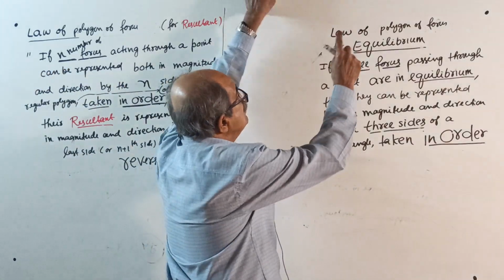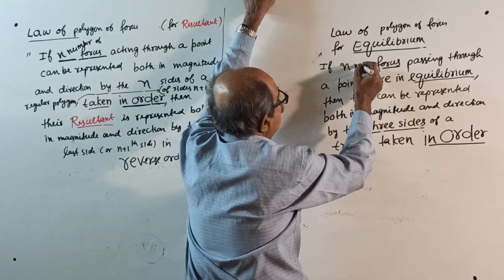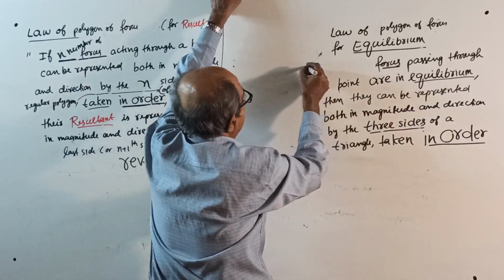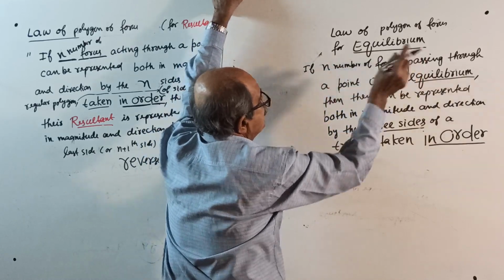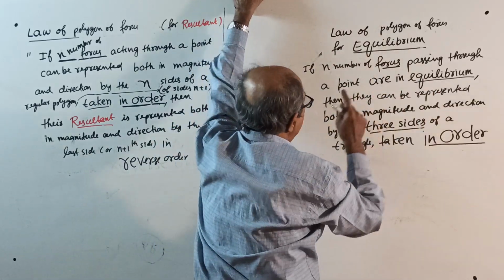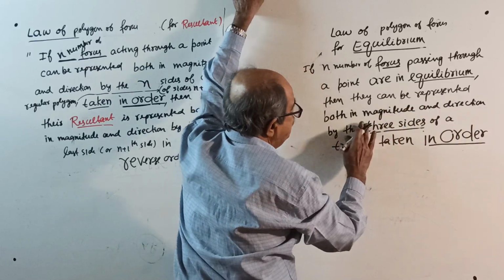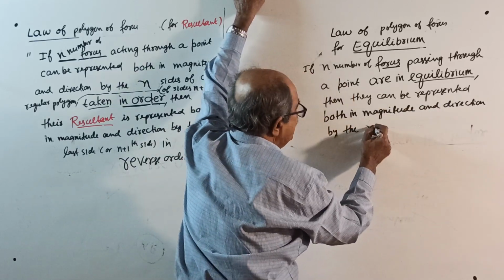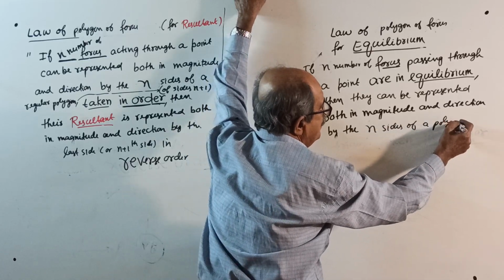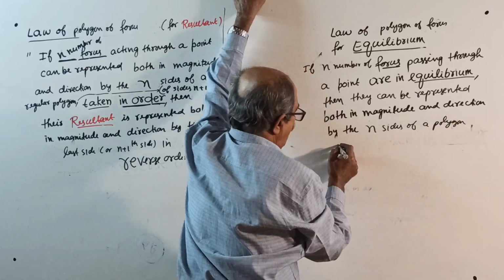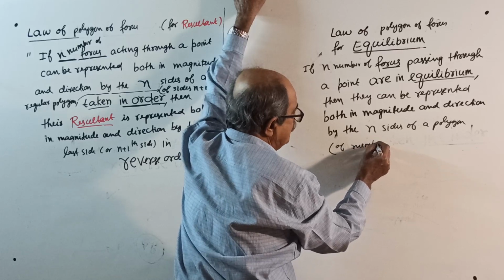Here, law of polygon of forces for equilibrium. If n number of forces passing through a point are in equilibrium, then they can be represented both in magnitude and direction by the n sides of a polygon of sides n only, of number of sides exactly equal to the number of forces.